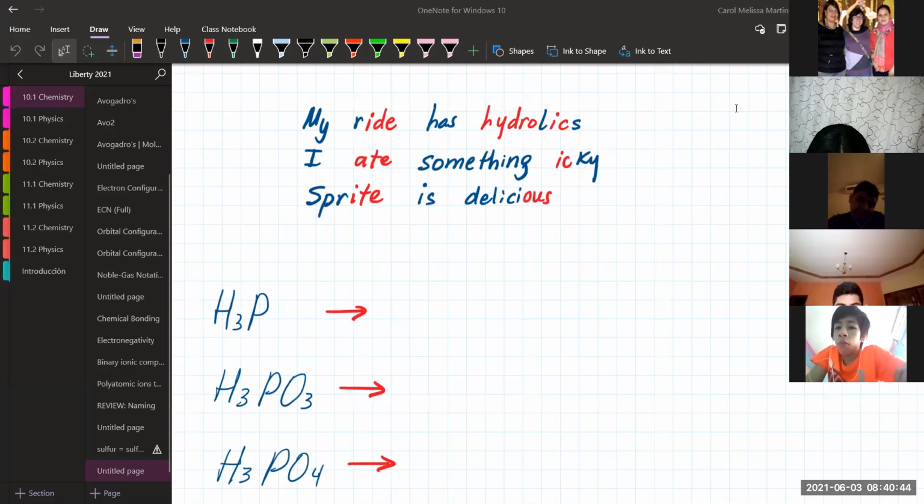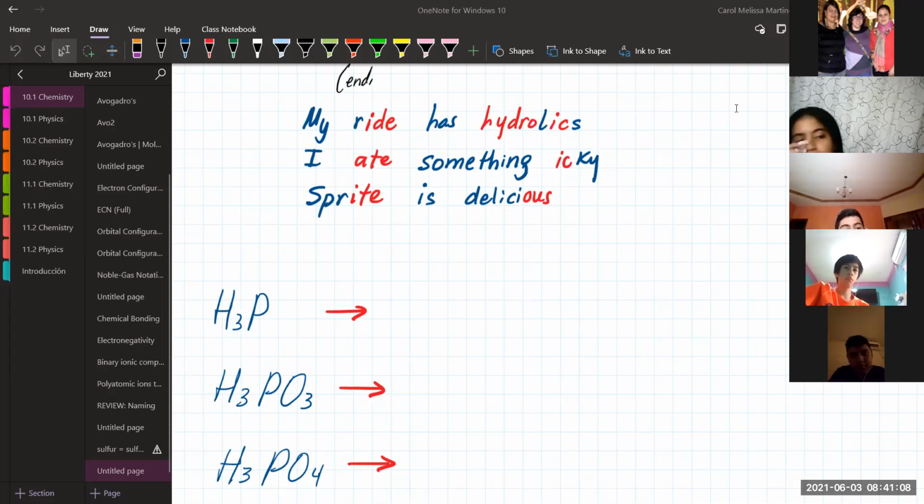That means that if my anion ends in ITE, it's going to be replaced by the suffix "-ous". Okay? Remember. So this is what we know as the ending. If you have that ending, replace it by what you had on the right.